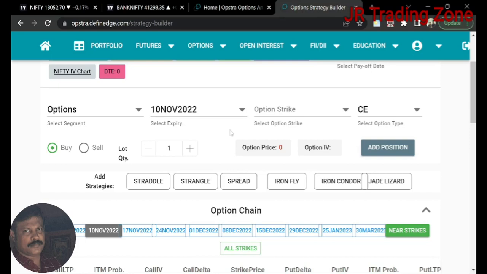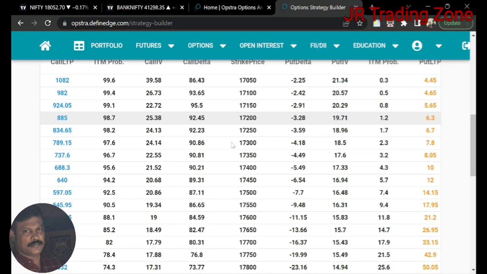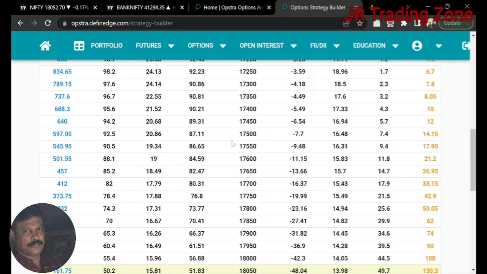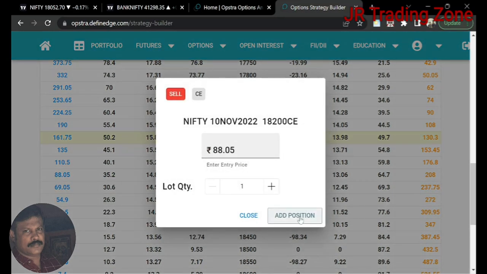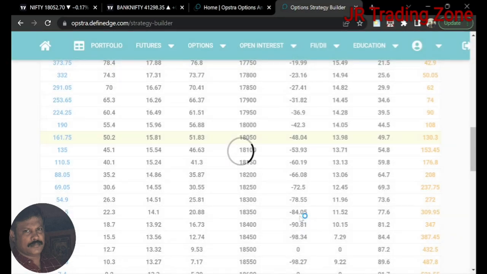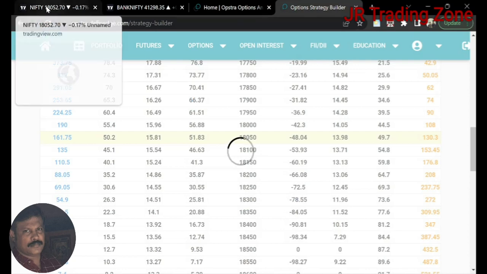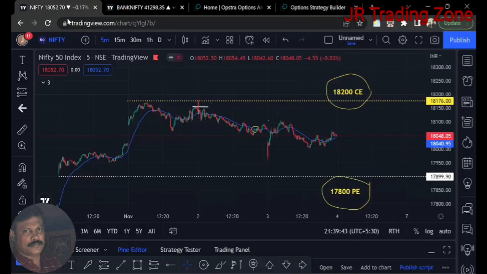Now we are going to choose two strikes. We are going to sell two strikes. 18,200 on the upside. This is 18,200 for 88 rupees. This call option we are going to sell one lot. On the downside, we are going to sell 17,800.